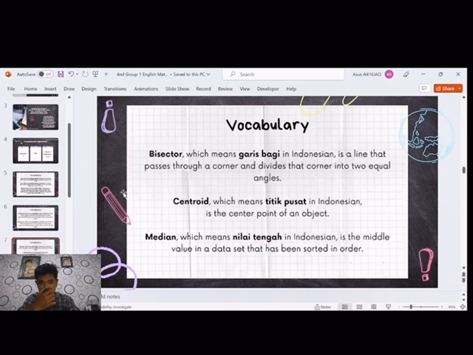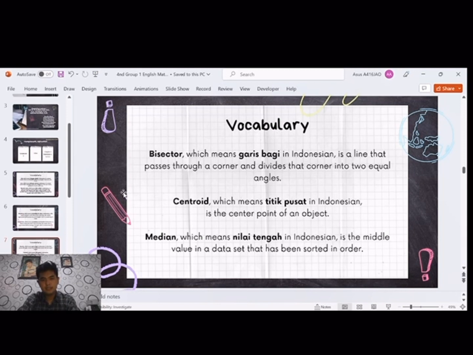Next is bisector, which means garis bagi in Indonesian. It is a line that passes through a corner and divides that corner into two equal angles.